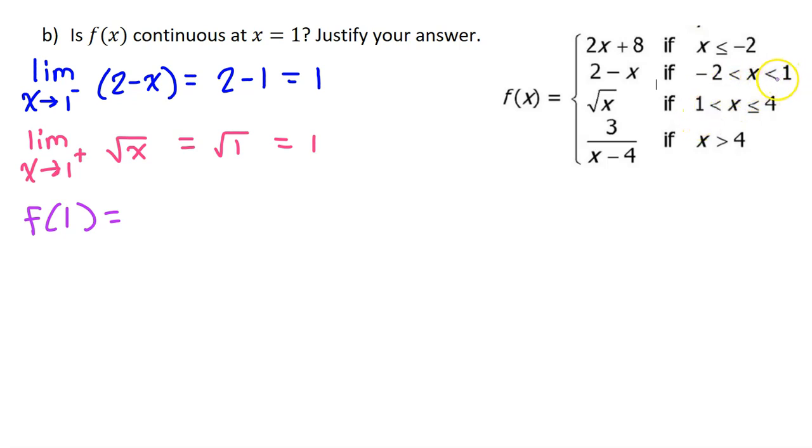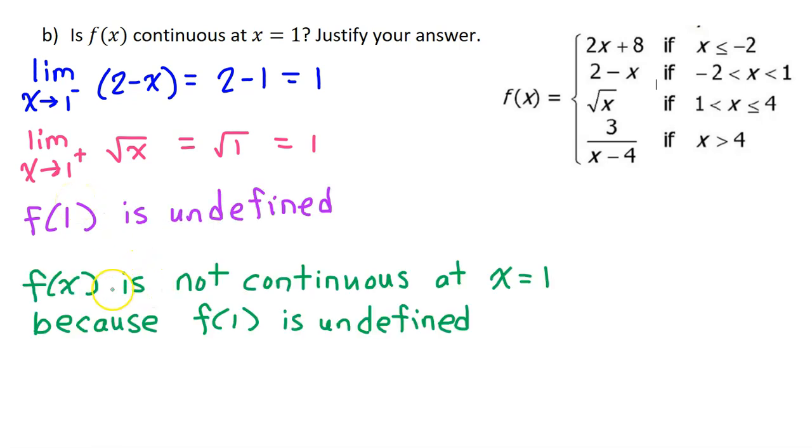I'm looking for the less than or equal to sign at x equals 1, but neither has the or equal to sign. That means f of x is actually undefined at x equals 1. We conclude that f of x is not continuous at x equals 1 because f at 1 is undefined.